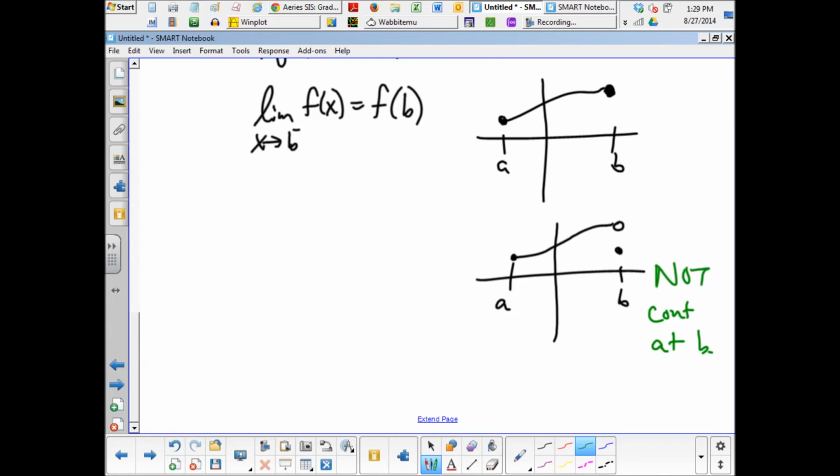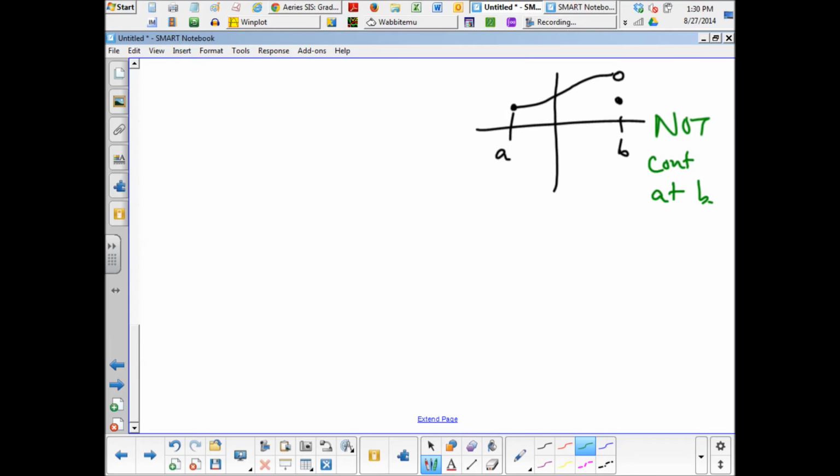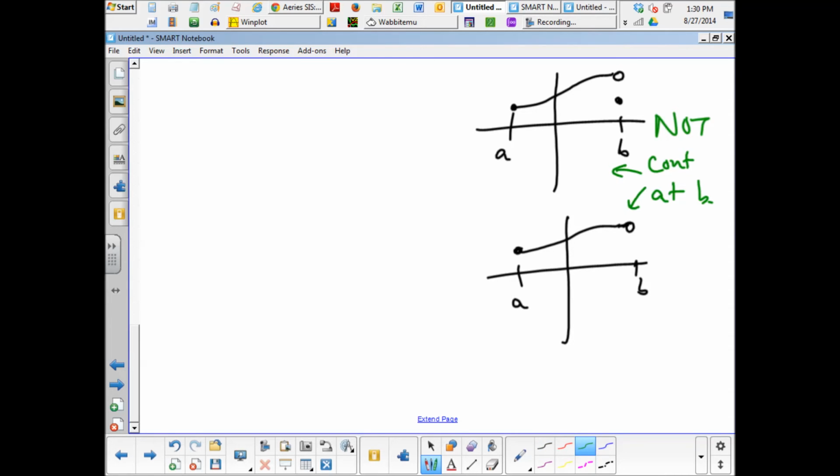Because the limit on the left is higher up than f of b is. They're not equal. And of course, if there is no f of b, then it would be not continuous either. So if this is an open point, there is no f of b, so you can't even make the argument. Okay. Any questions on that idea?